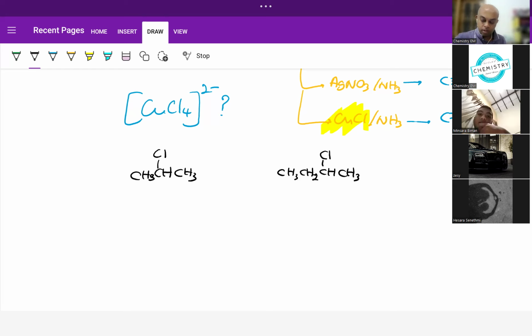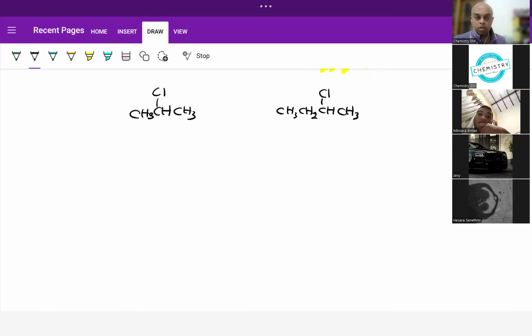So whatever you do to one bottle has to be done to the other bottle as well, right? So what I do is, first I will add alcoholic KOH to these two and heat.